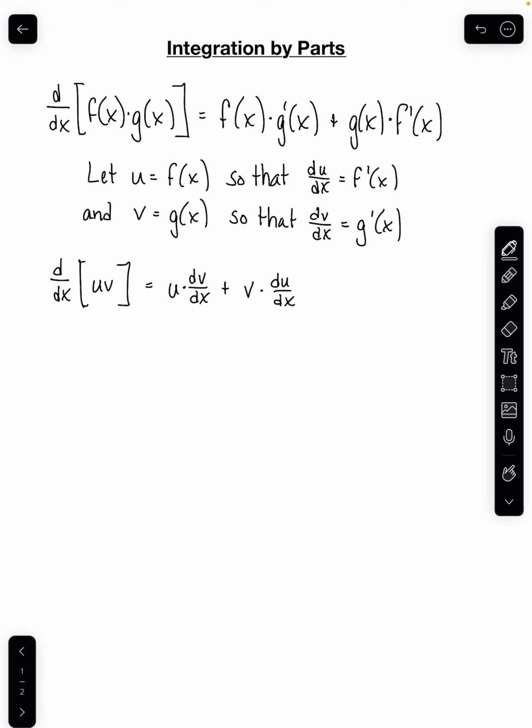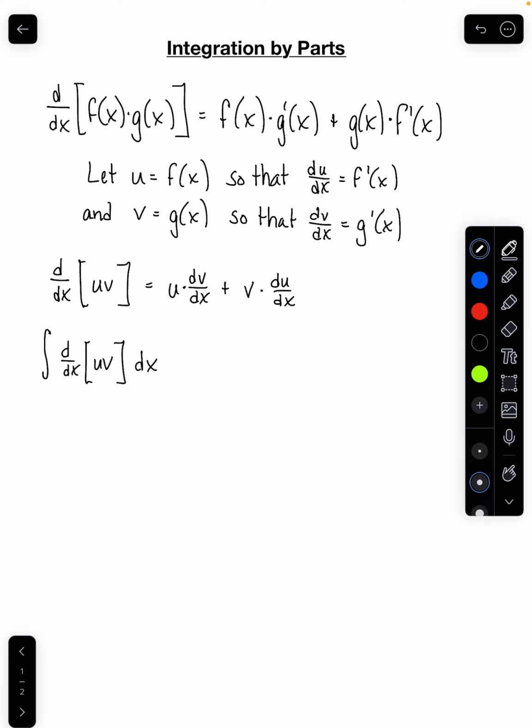The next step then is to integrate. So we're going to stick an indefinite integral on each side. Now, note that because it is d dx, because the original functions f and g both had x as their input variables, when we are differentiating with respect to x, we also are going to be integrating with respect to x.